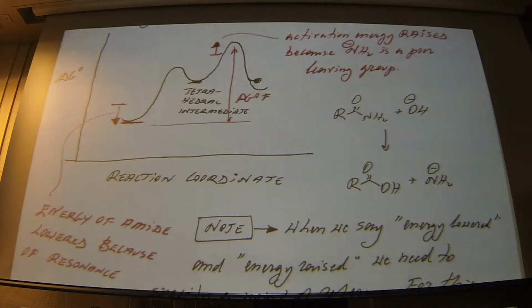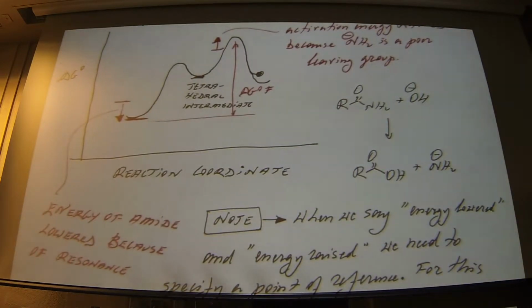Okay, so let's pick up where we left off last time. We talked about the fact that nucleophilic additions of all types are going to be faster when you have electron-withdrawing groups attached to the carbonyl, and slower when you have electron-donating groups attached to the carbonyl.